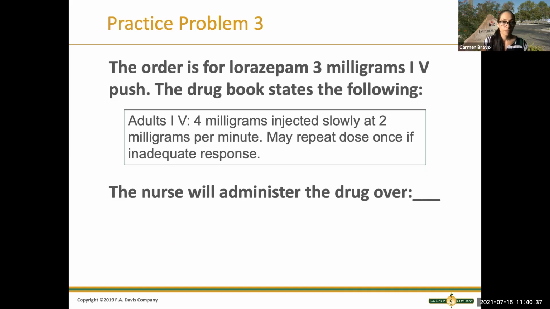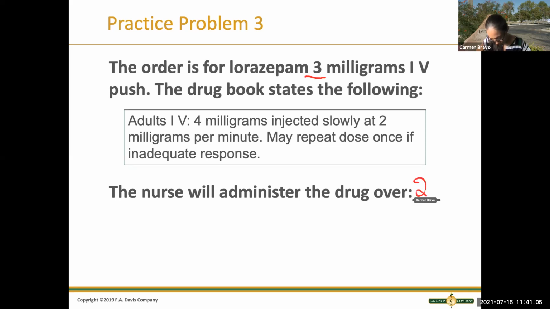How about this one? My order is Lorazepam, 3 milligrams IV push, and my literature says adults IV, 4 milligrams, inject slowly at 2 milligrams per minute. So over how many minutes would I administer this? So it would be 2 minutes?